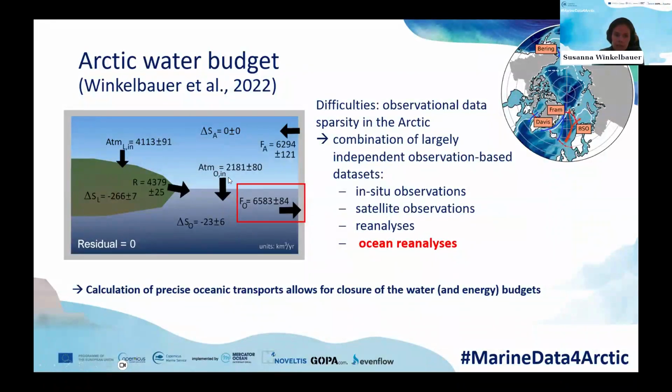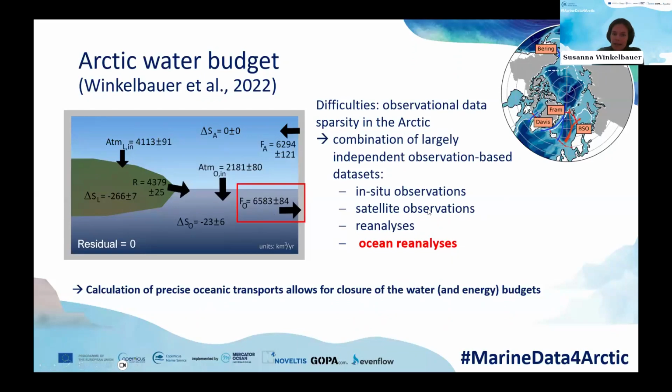We've already heard this. We have an input of fresh water from the atmosphere to the ocean via precipitation minus evapotranspiration. Then, of course, we have an input of water from the Arctic lands via runoff, and we have exchanges with latitudes further south via those oceanic transports. They can be in liquid form or also as sea ice.